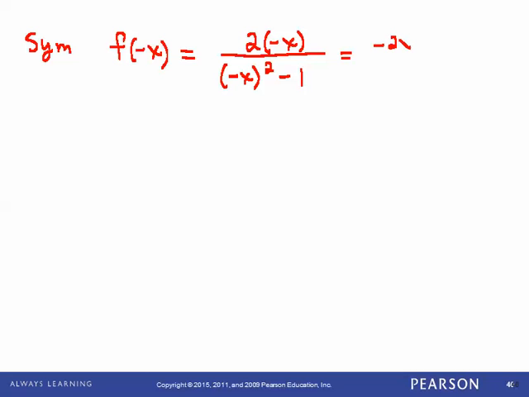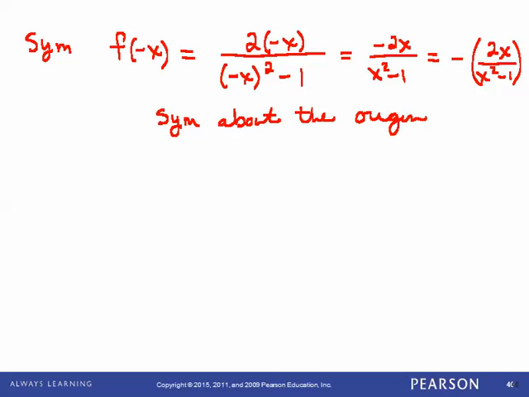And then there's also neither as well. So in this case, because we got the exact opposite, we have symmetry about the origin. So when we make our graph, after we graph it, we'll take a look at it and say, yeah, that makes sense for the symmetry.